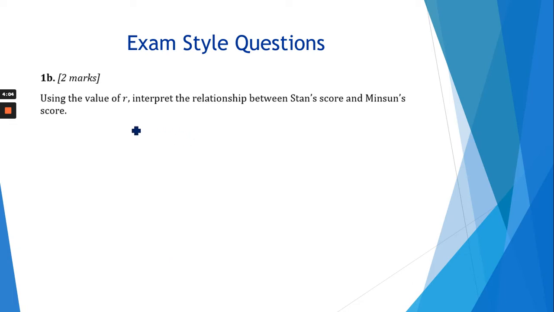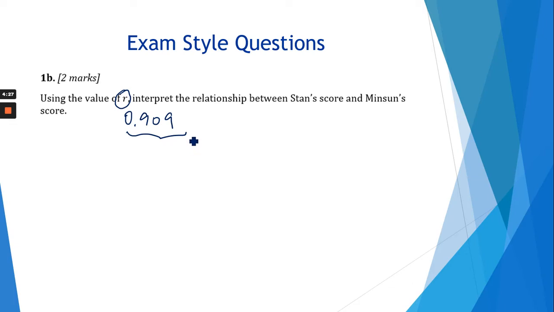Question B. Using the value of r, which in this case was 0.909, interpret the relationship between Stan's score and Minson's score. Okay, what can we do? We know there is a very strong correlation, right? There are different ways of saying this.